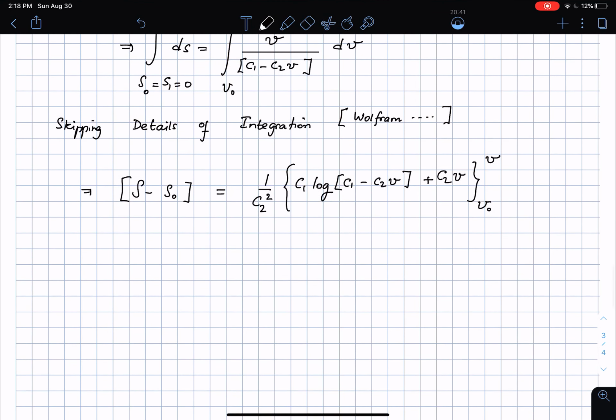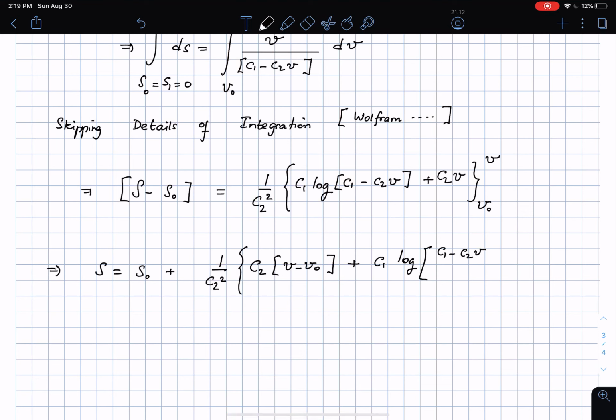Or if I do the substitution, I end up getting s equals s0 plus 1 by c2 square times c2 times v minus v0, and then I'm going to have a c1 times logarithm of the ratio, c1 minus c2 v divided by c1 minus c2 v0.